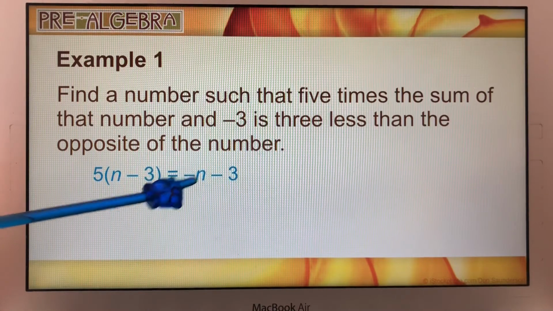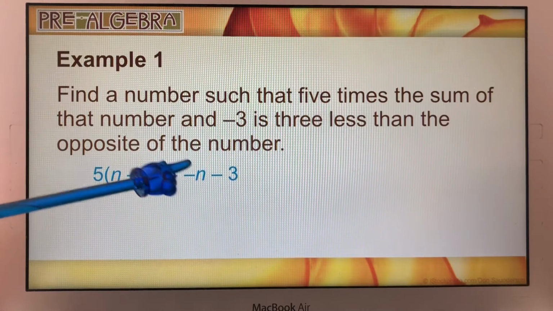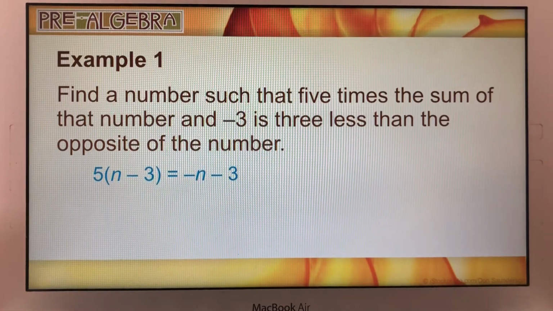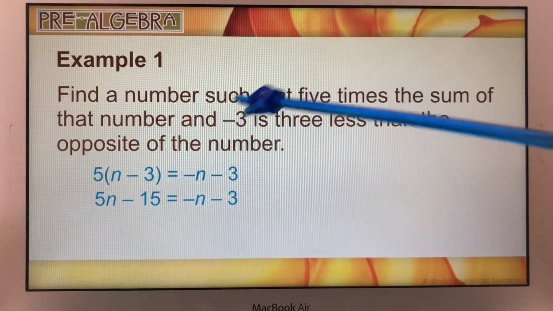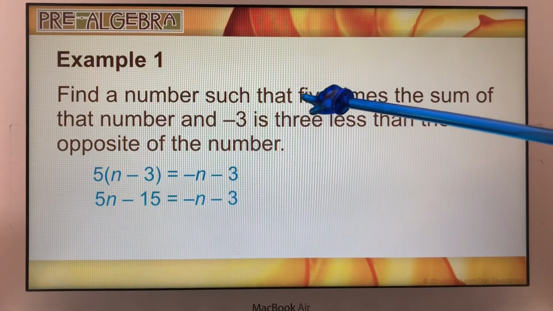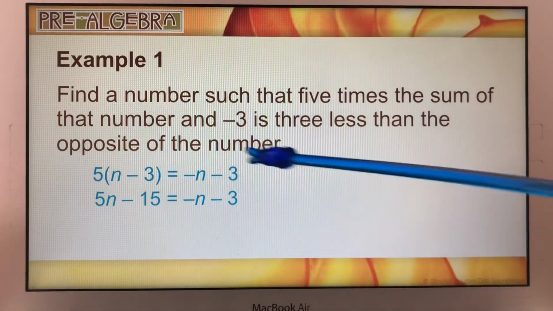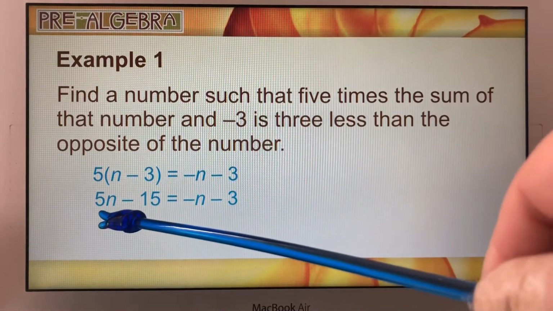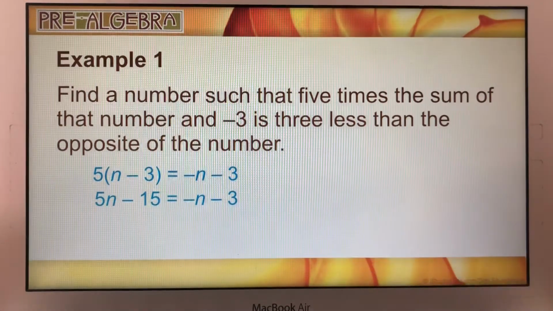So I have -n minus 3 for this side of the equation. Now that once you have translated or written this word problem into your numerical phrases here, then you can take this equation and simplify it, and then we will solve for n.